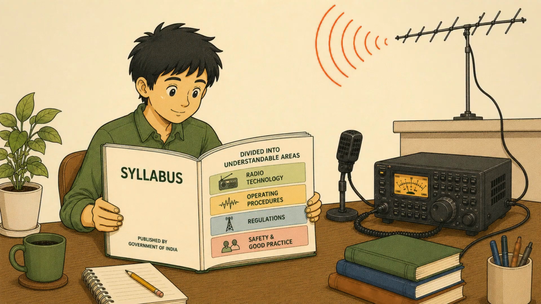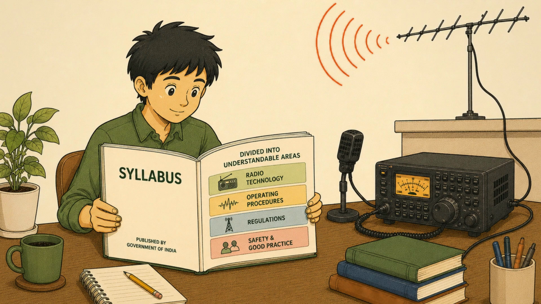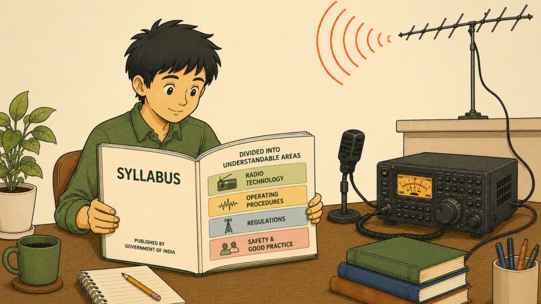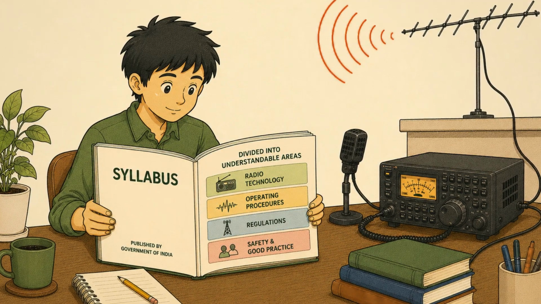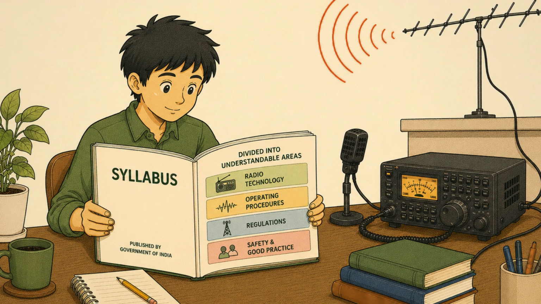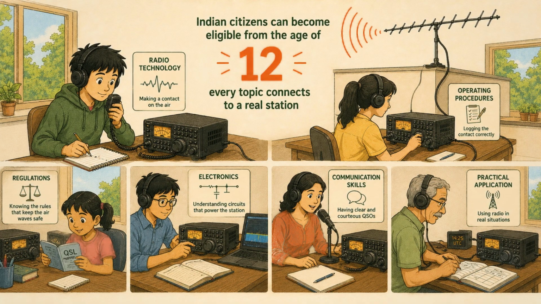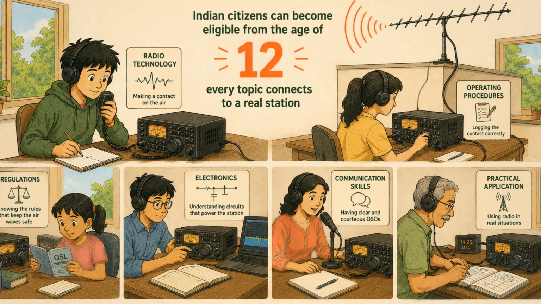The examination deserves preparation, but it is not an undefined obstacle. The government publishes the syllabus in full, and a link to it is in the description below, so you can look through every topic for yourself. The subject divides into a few understandable areas. Indian citizens can become eligible from the age of 12, and every topic has a practical connection to operating a real station.